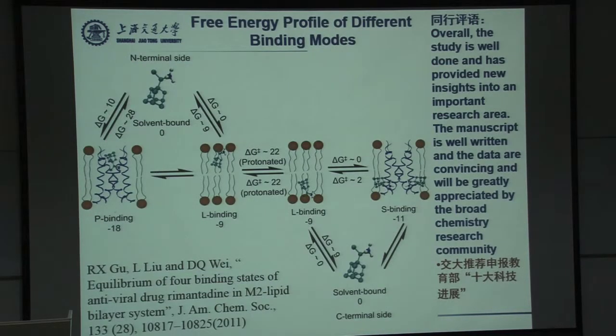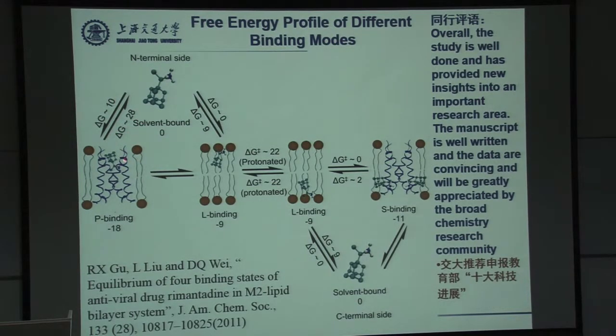So the story is summarized here. So this is the molecule. It's a very small molecule with a ring, and this is the free energy going inside, and this is the barrier. This is the binding free energy. This is the barrier.